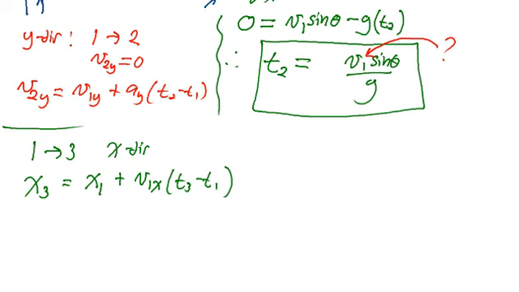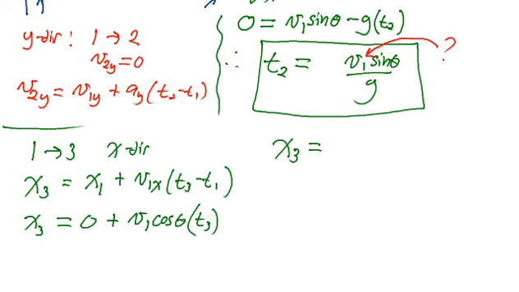The value of x3 is a known quantity. The value of x1 is known to be 0. v1x would be equal to v1 times the cosine of theta, and since t1 is equal to 0, the last term is t3. So if I simplify, x3 is equal to v1 cosine of theta times t3.